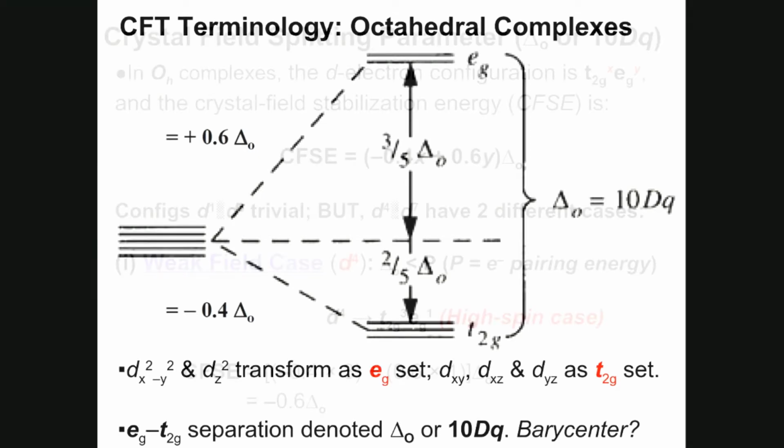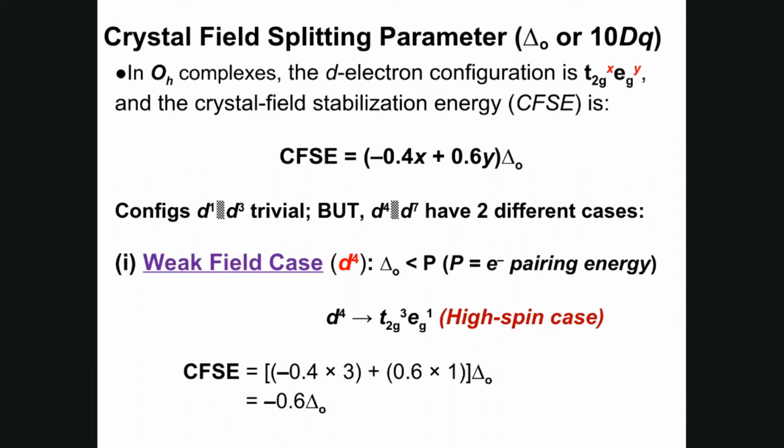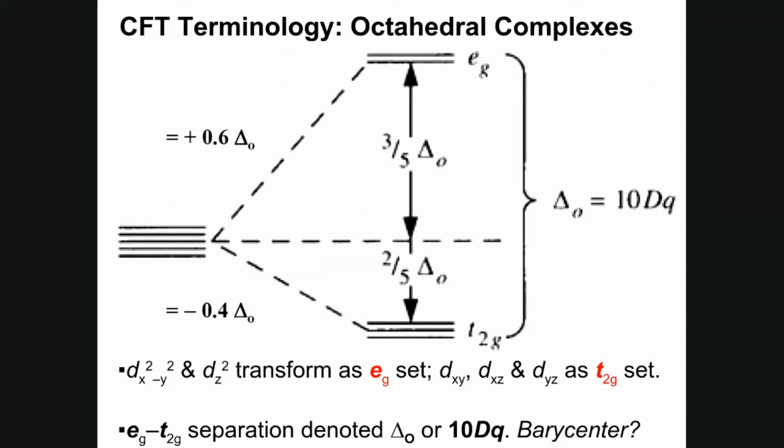So let's look deeper into the parameter that we have seen there, the split that we said the d orbitals undergo under the influence of an octahedral ligand field, which we called delta O, or we called 10Dq. Very importantly, if we have got electrons in the d subshell, then those electrons in the presence of an octahedral field will start occupying orbitals from the lowest ones.